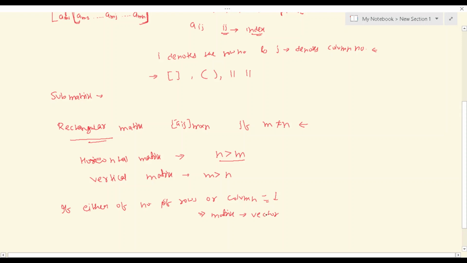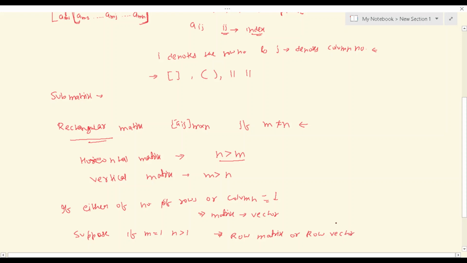Suppose m is equal to 1 and n is greater than 1, then this is our row matrix or row vector.